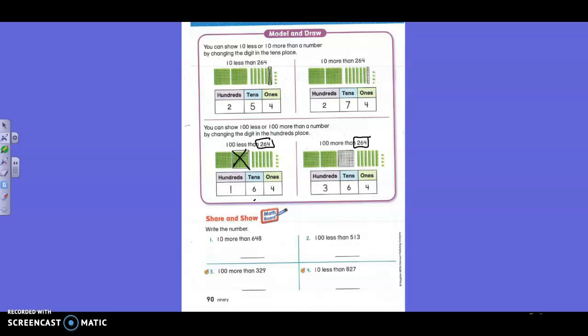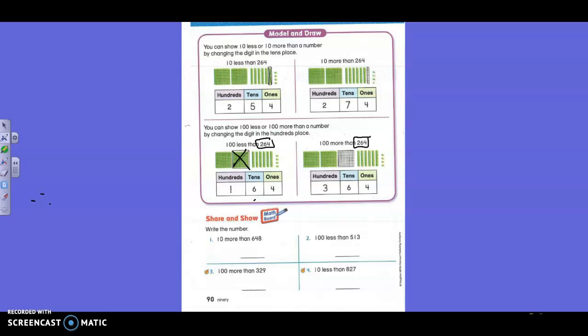Are you ready? Yes. It says write the number 10 more than 648. Okay, now did it say 10 or 100? 10. So what number are we going to be changing, boys and girls? The 10s number, which is found in the middle.